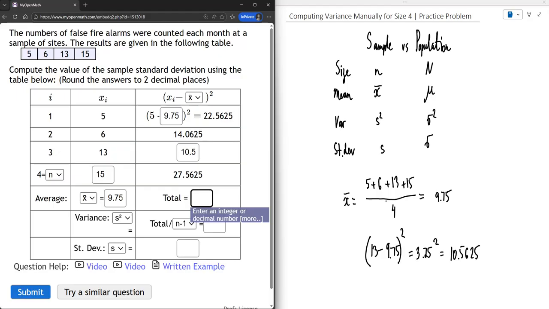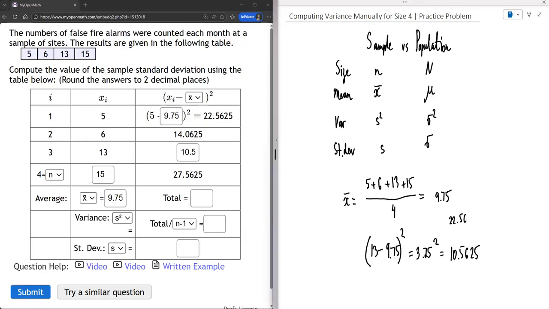So your table now has 4 entries in this column, and we need to add all these entries. So grab a calculator and add 22.5625 plus 14.0625 plus 10.5625 and plus the last one, 27.5625. And it's going to be our total.